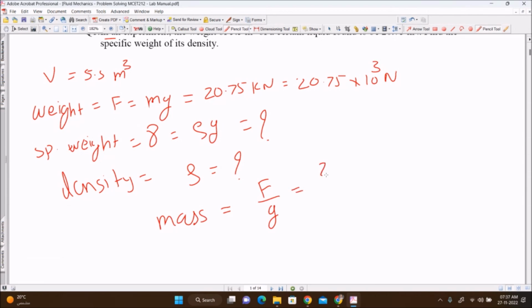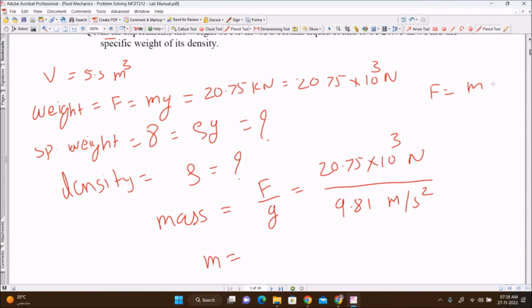F is 20.75 into 10 to the power 3 Newton, divided by g, 9.81 meter per second square. So we get mass m. What is force? Force is equal to mass into acceleration or gravity.